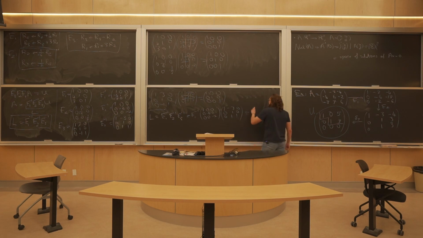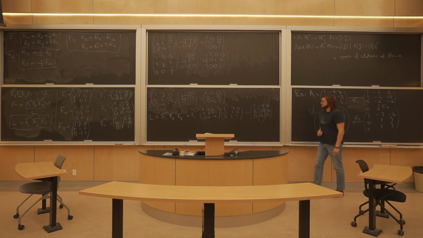And I multiply this. Right, I have a 3 by 3 matrix. This is 1 minus 3, 0, 0, minus 6, 0, 0, 0, minus 2. Okay? Oh, times E1 inverse, of course.